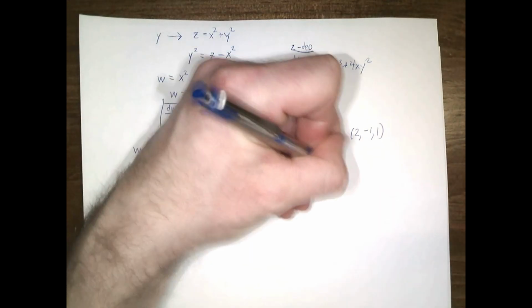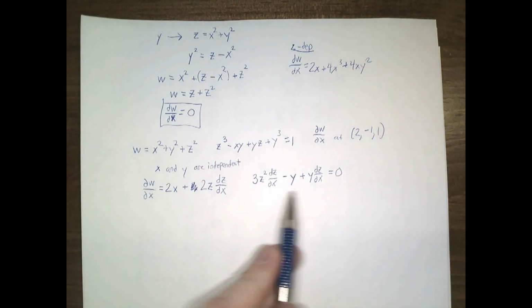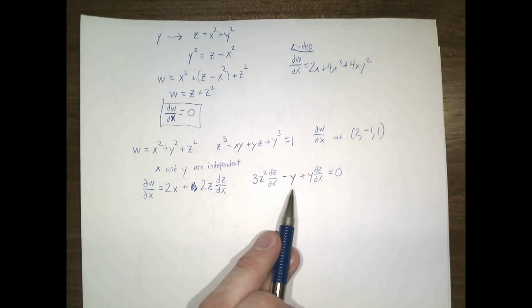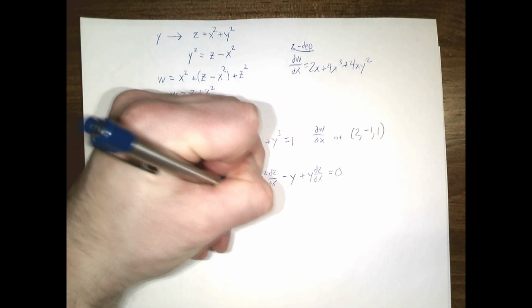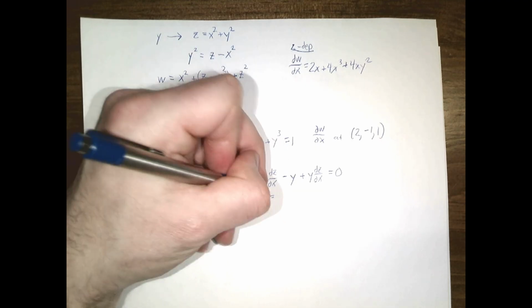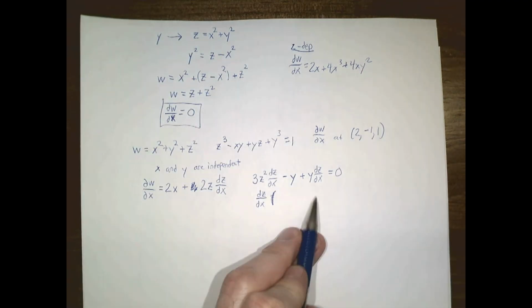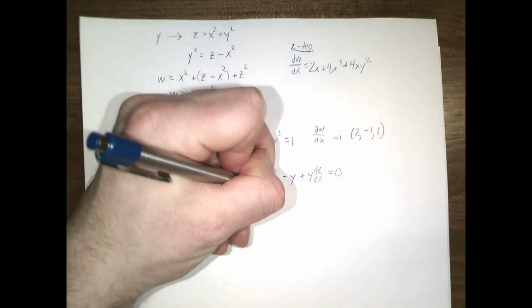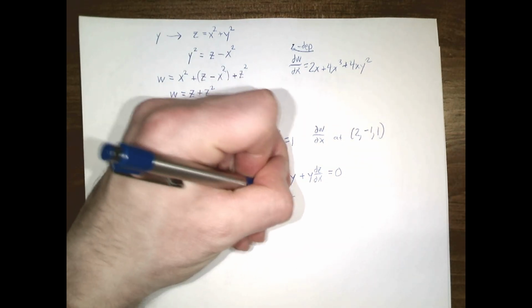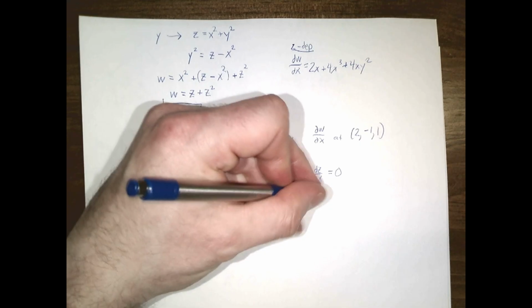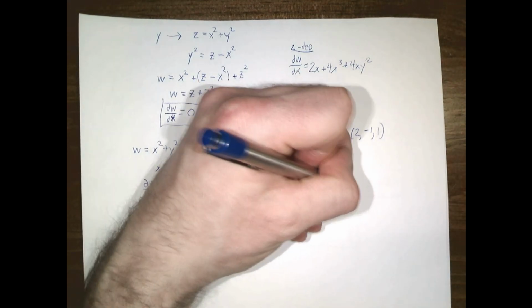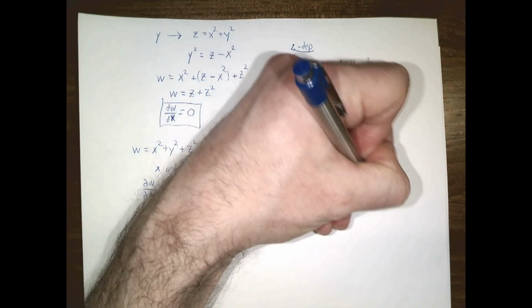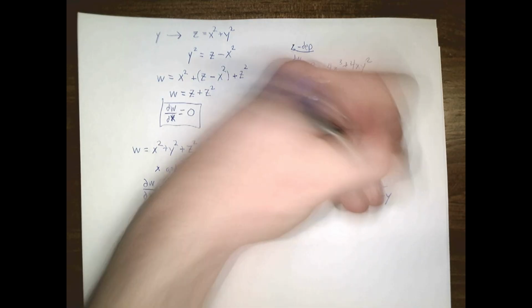So this is equal to 0. We can now take this expression and solve for dz dx. We can move that y over to the other side. Dz dx multiplies both of those terms, so we can factor out: 3z squared plus y, equals y on the other side. And then we divide through to get that the dz dx derivative is equal to y over 3z squared plus y.